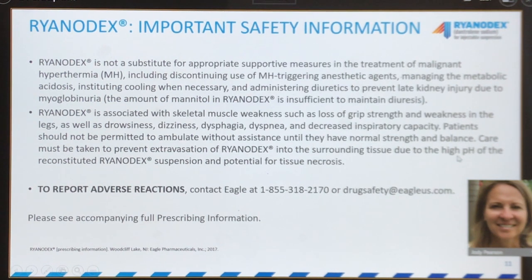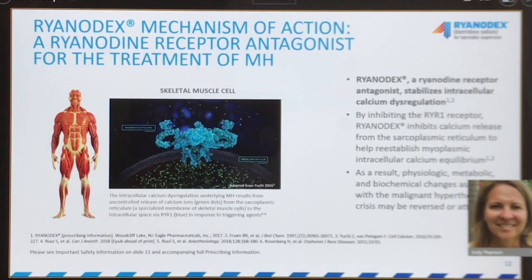All dantrolene, including Ryanodex, does have a high pH, so you do want to make sure you have a very, very good IV should you have to give dantrolene. So how does Ryanodex work? Well, it is a ryanodine receptor antagonist. And so what does that mean? Well, right here you have a skeletal muscle cell. And this is the ryanodine receptor sitting on the sarcoplasmic reticulum.